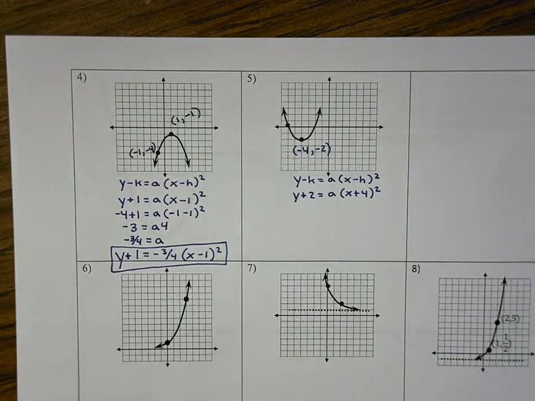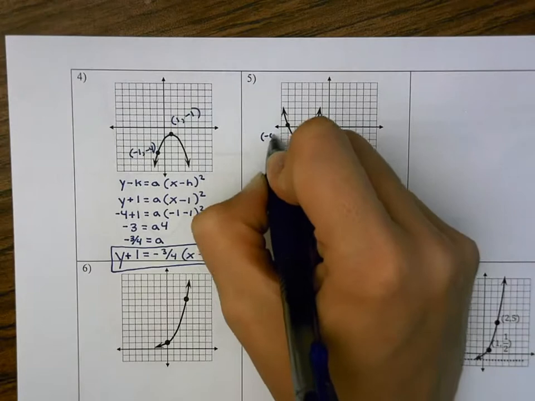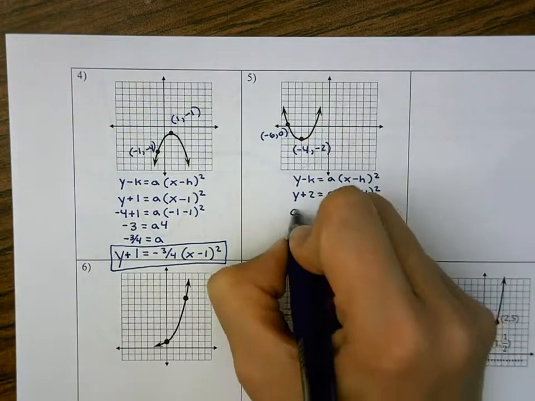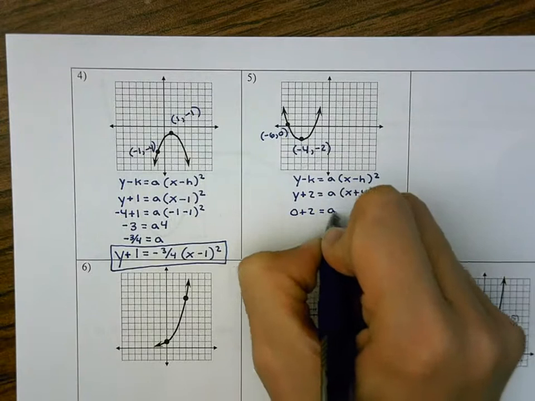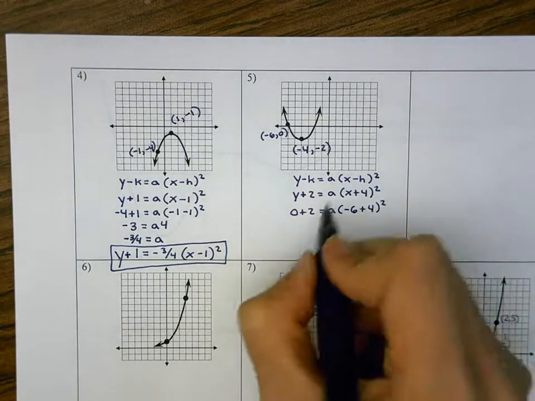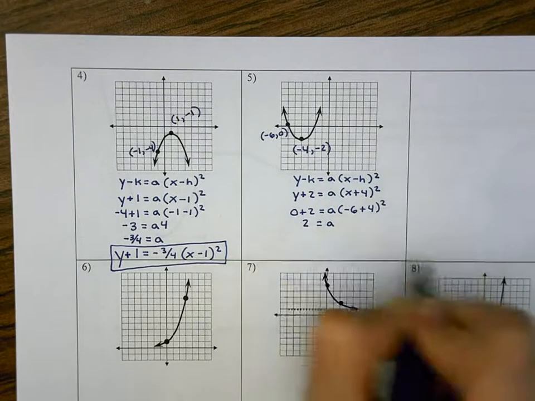What's another point I know on this quadratic that I can use to solve for A? Well, I've got a point over here at negative 6, 0. And so let's go ahead and plug that in. 0 for y, negative 6 for x. 0 plus 2 is 2. Negative 6 plus 4 is negative 2.